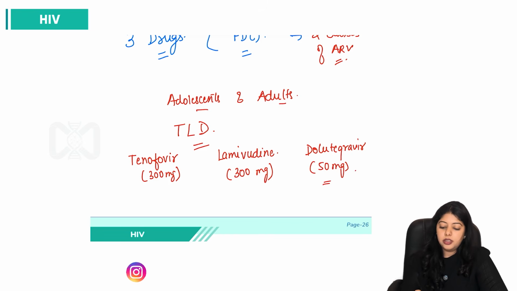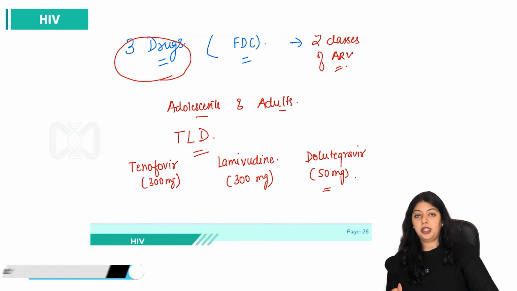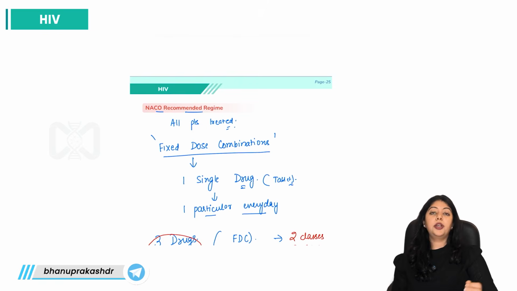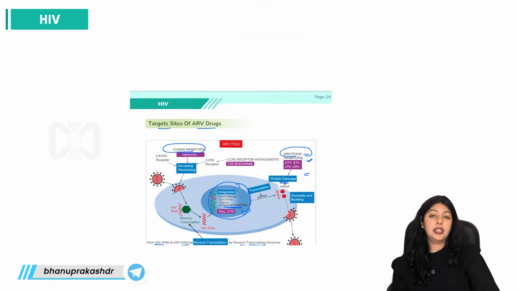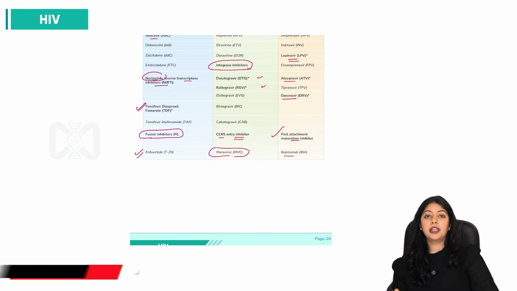So this is the three drug fixed dose combination, right? So this was about the important NACO recommended regimens, the strategies, the drugs, and all the diagnostic tools which help us in HIV diagnosis.